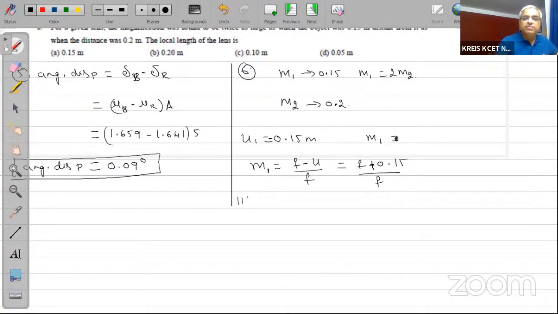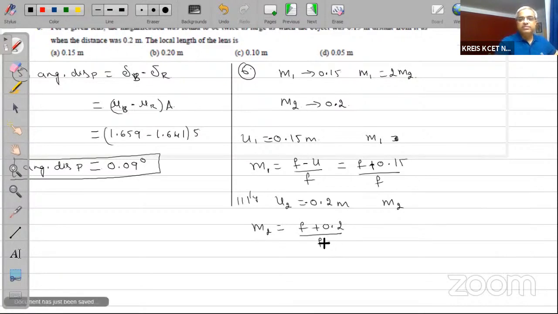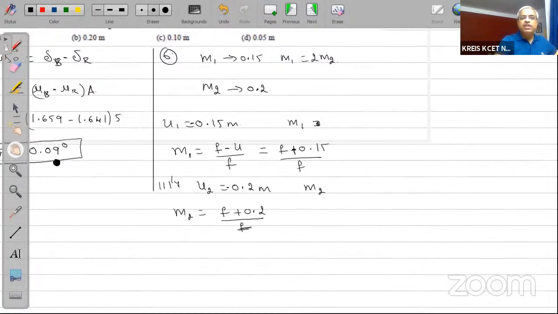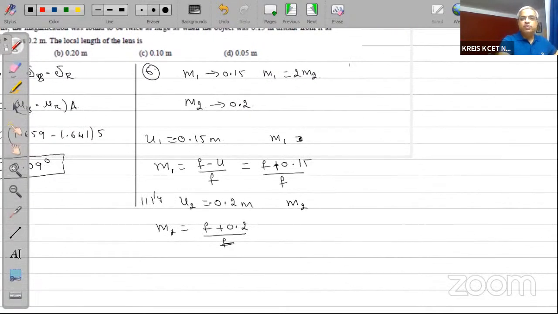Similarly students, object distance when it is equal to 0.2 meter, again minus ತಗೋಬೇಕು ಹುಷಾರಾಗಿರಿ, then you will get M2. So M2 will now be equal to F plus 0.2 divided by F. This is M2. Now I can easily show you that M1 is equal to 2 M2 ಅಲ್ವಾ, problem ಪ್ರಕಾರ.